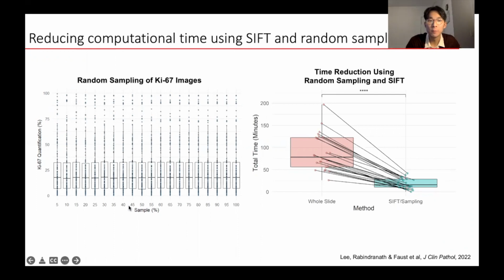Indeed, even when we used only 20 or 25% of the tumor region, we were still able to get similar Ki-67 quantification while drastically reducing the total time, as shown in the right side image, by quite a significant margin. Going from upwards of an hour on average, we were able to reduce it to less than 30 minutes of computational time on average.